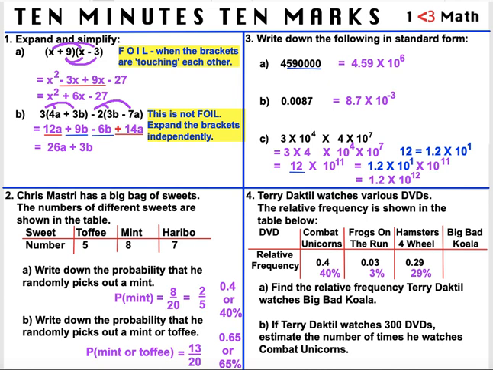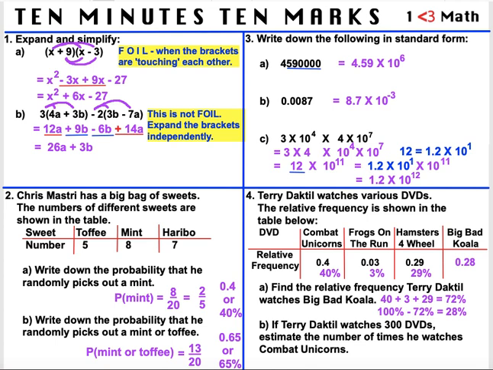But using 100%, we can add those percents together and we get 72%. We can take that away from 100% and we get 28%. That converts nice and easily to a decimal. So our solution for part A, everyone likes a good part A, is 0.28. So that's the probability that Pterodactyl watches Big Bad Koala.